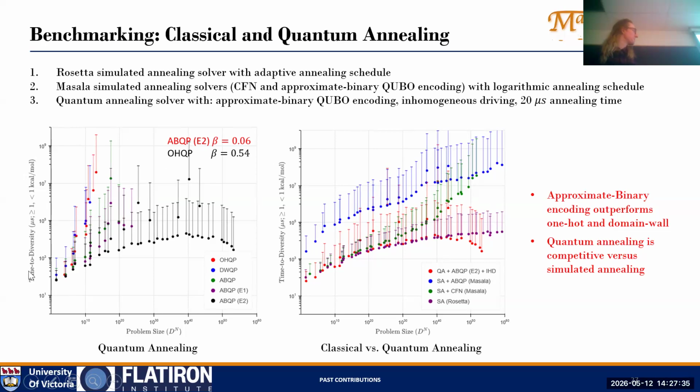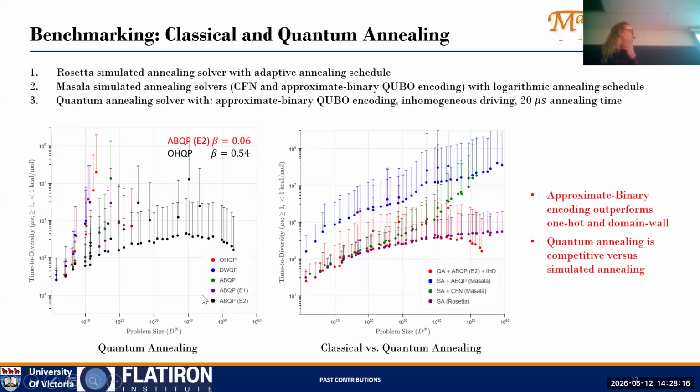And on the left hand here, I'm showing time to diversity, which is the wall clock time required to reach a solution within 1 kcal per mole of the actual optimum solution versus problem size, being the size of the solution space. And this is a fully quantum result here, where we're comparing between existing encodings and the approximate binary. One hot and domain wall, they're the red and the blue here, and they can only solve these problems up to a very mediocre problem size before topping out.